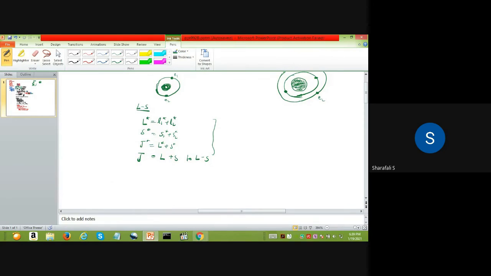In that case, you have to calculate the total L value first, L1 plus L2, and S value S1 plus S2, and you add both of those values to get this J. In vector form you can have the total J equal to L plus S to L minus S. So first you have to calculate capital L from all those small l1, l2, l3 corresponding to those electrons, and then calculate capital S after calculating small s1, s2, s3 for all those electrons.